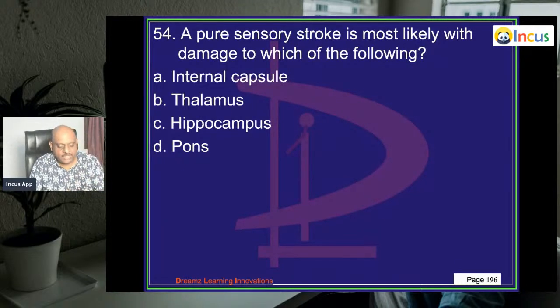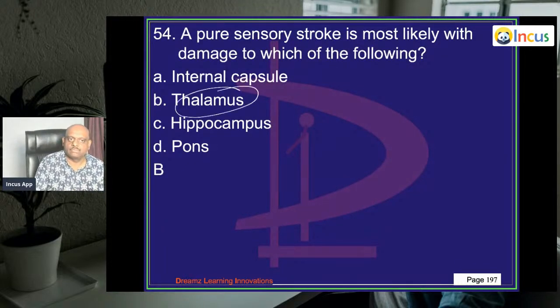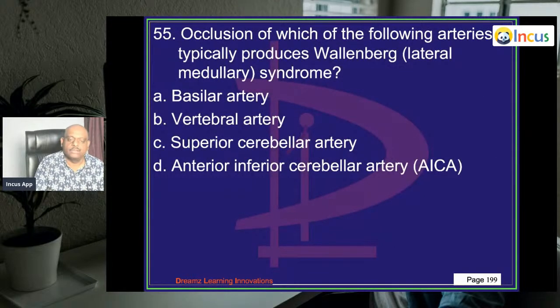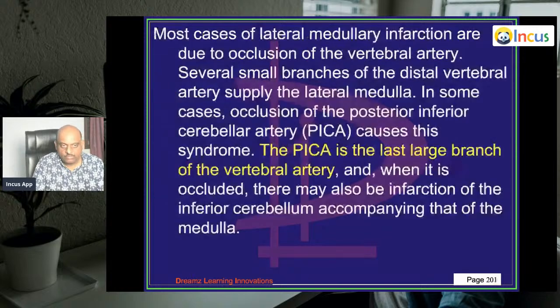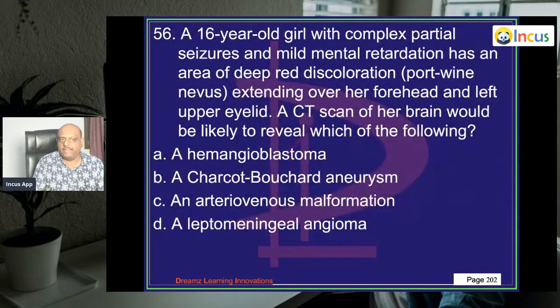A pure sensory stroke is because of a lacunar stroke in the thalamus. Wallenberg syndrome is because of PICA, posterior inferior cerebellar artery, which is the branch of the vertebral artery.